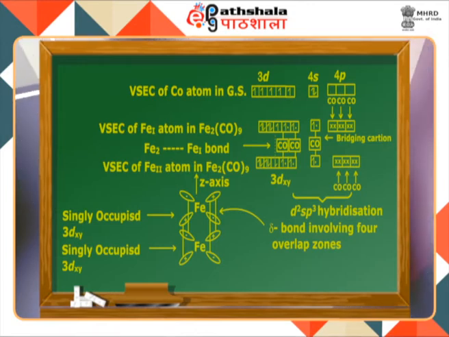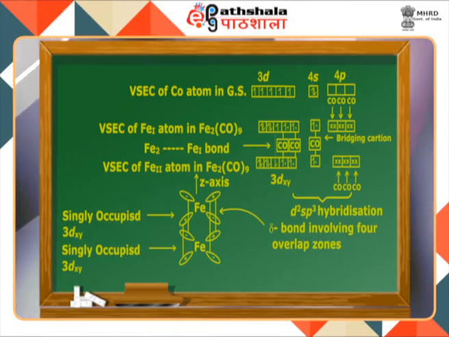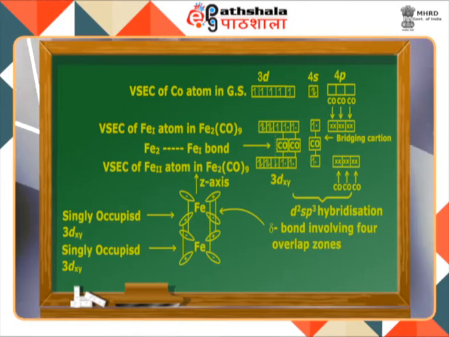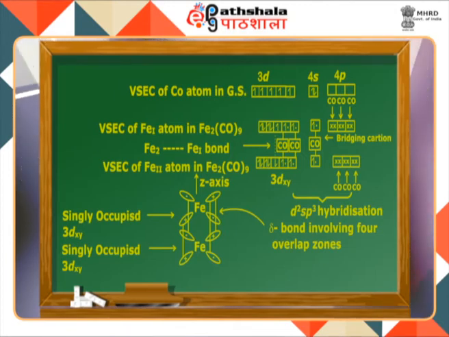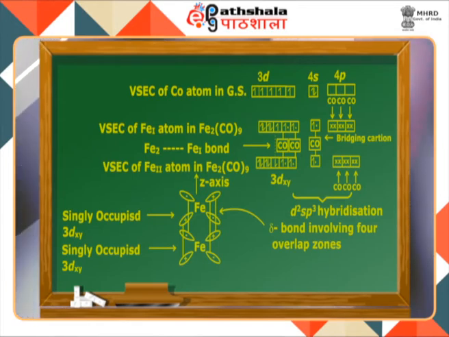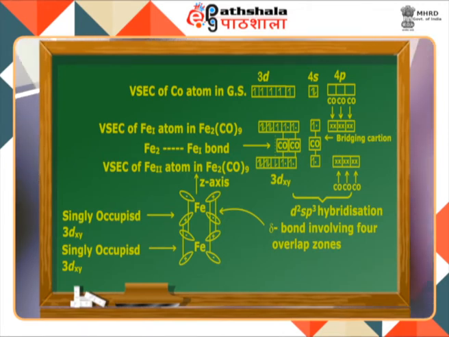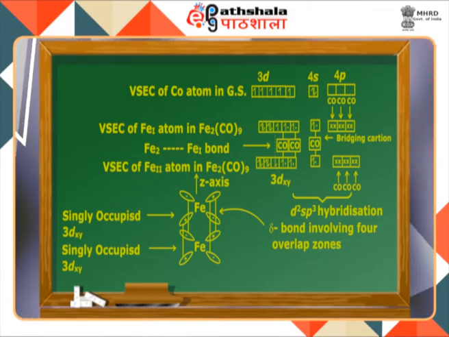Now, let us see the nature of bonding in the bridging M-CO-M linkage. The CO ligand has a tendency to bridge two metals. In most cases, the M-M bond is accompanied by CO bridging. The carbon atom of the bridging carbonyl group may be regarded as sp2 hybridized.